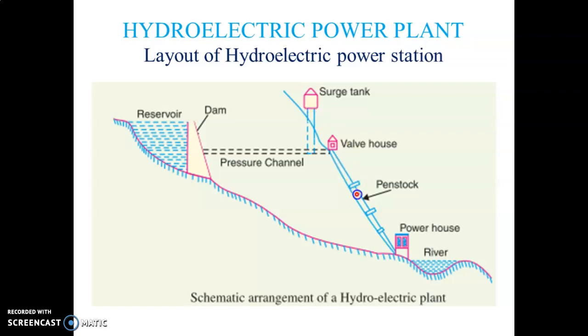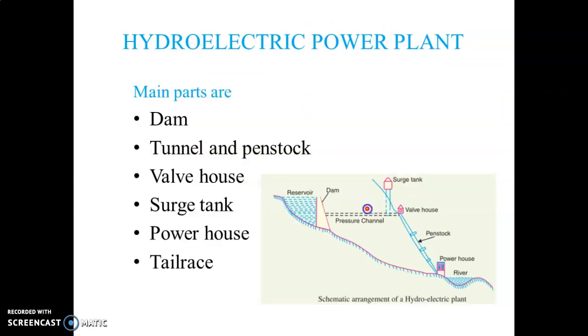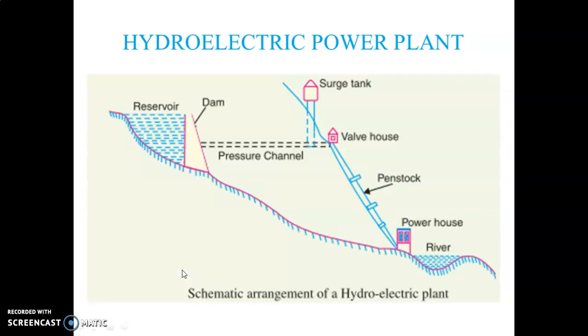For maintaining the pressure in the penstock, we can control the valve of the surge tank, and we can release the water from the surge tank, or absorb the water into the surge tank. So the main function is to maintain the pressure level in the penstock. These are the main parts: dam, tunnel and penstock, valve house, surge tank, powerhouse, tail race.